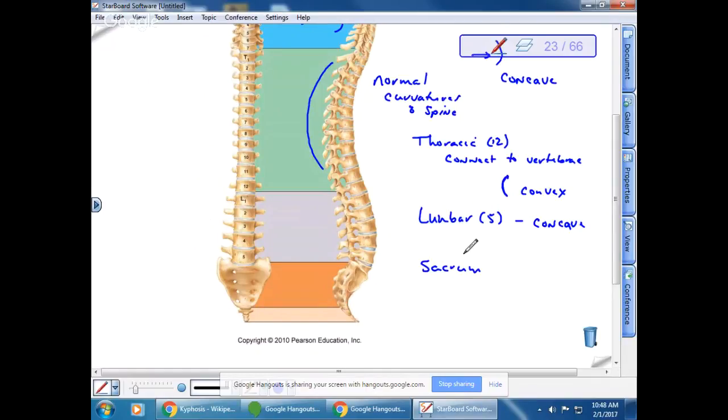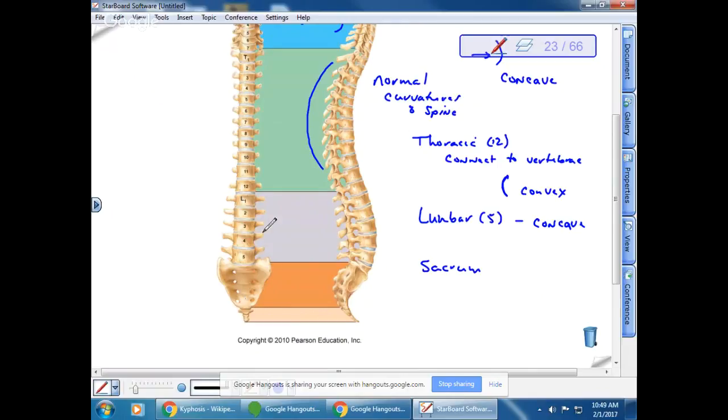During embryonic development, these vertebrae fuse, and you can still see the holes through which the spinal nerves exit. But the spinal cord actually stops near L1. So the spinal cord ends here, and then the nerves just come down. We'll talk about that when we get to the nervous system. These are for the spinal nerves coming out and innervating the lower leg, for example.